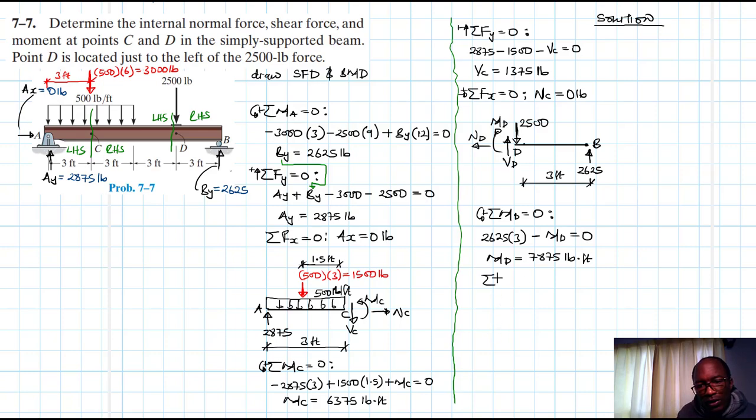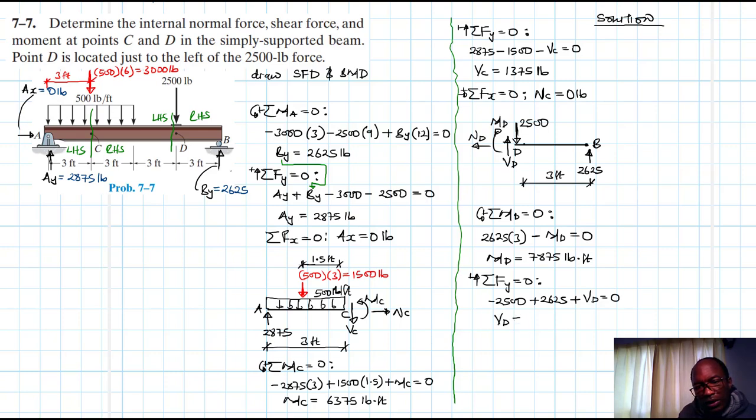And then we have summation of forces in the y equal to 0, going up in our reference. What do we have? We have minus 2500 plus 2625 plus VD equal to 0.